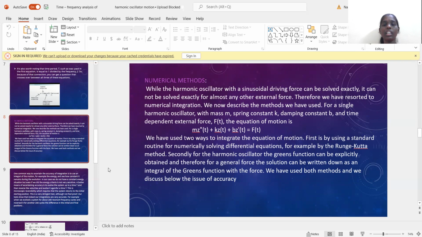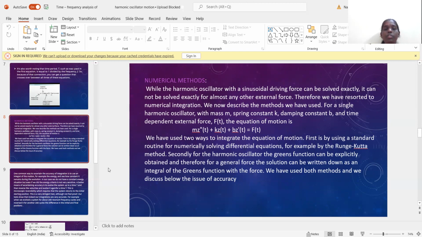We now describe the methods we have used for a single harmonic oscillator with mass m, spring constant k, damping constant b, and time dependent external force f of t. The equation of motion is.